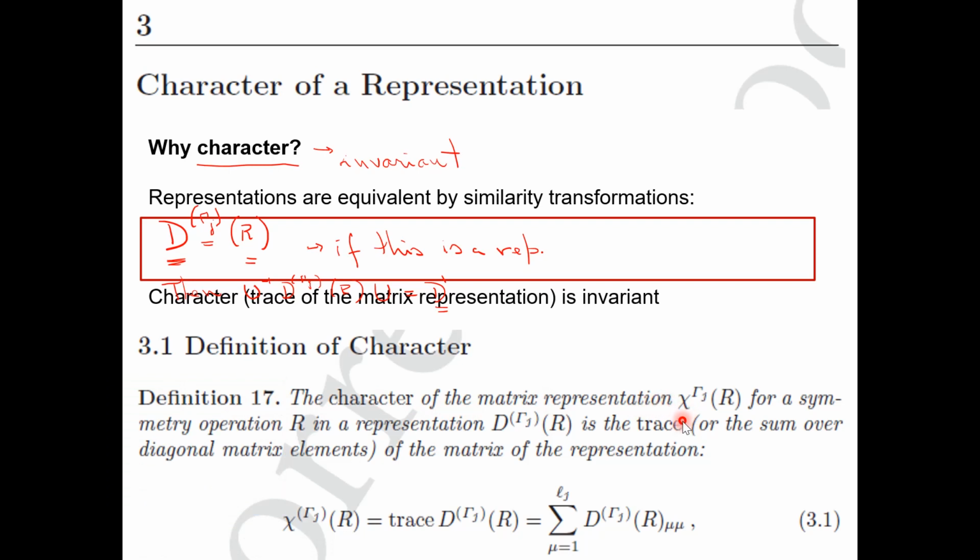If you take a given matrix representation D corresponding to the representation gamma J of a given symmetry operation R, the character, we use the letter chi for character, for that representation is simply the trace of this matrix, which is the sum of all diagonal elements.